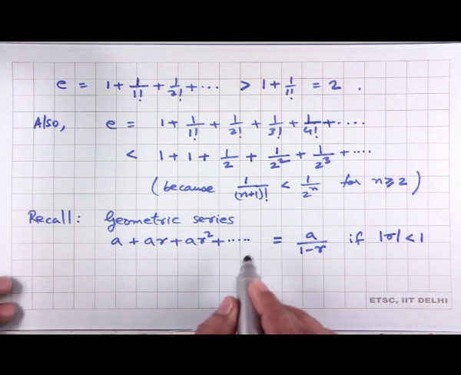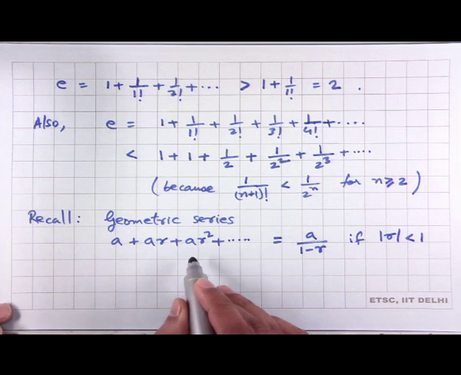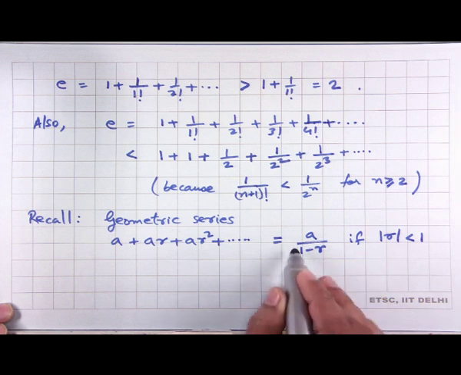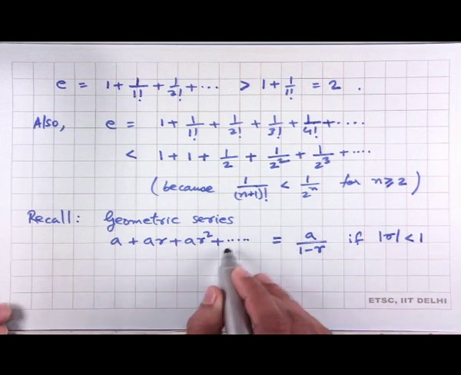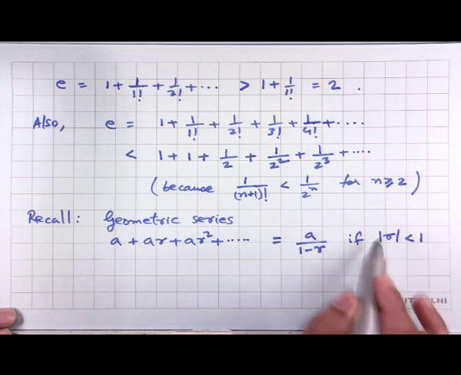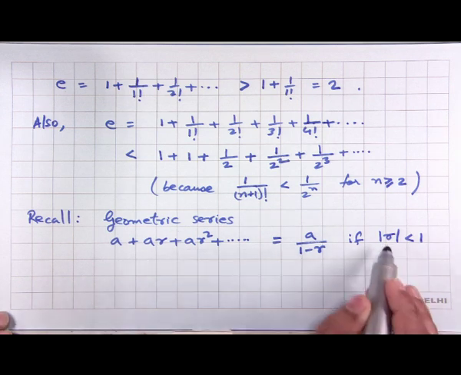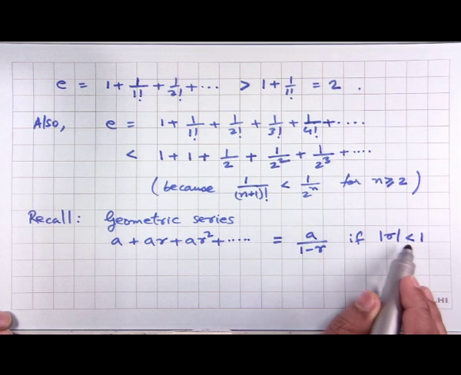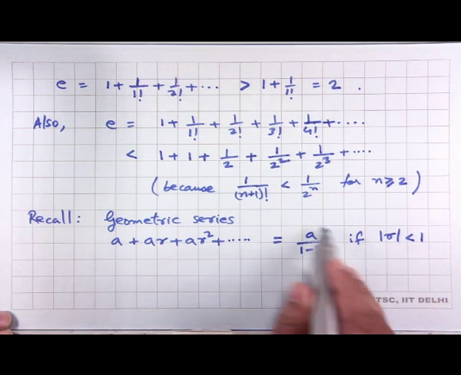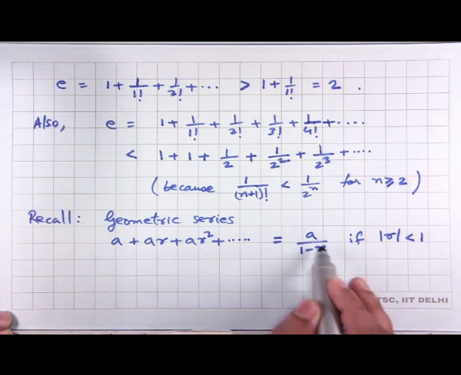This you would have seen in the sum of the geometric progression, that as you take the limit for infinite series, as long as the common ratio is less than 1 in absolute value, this converges and this is equal to A over 1 minus R.